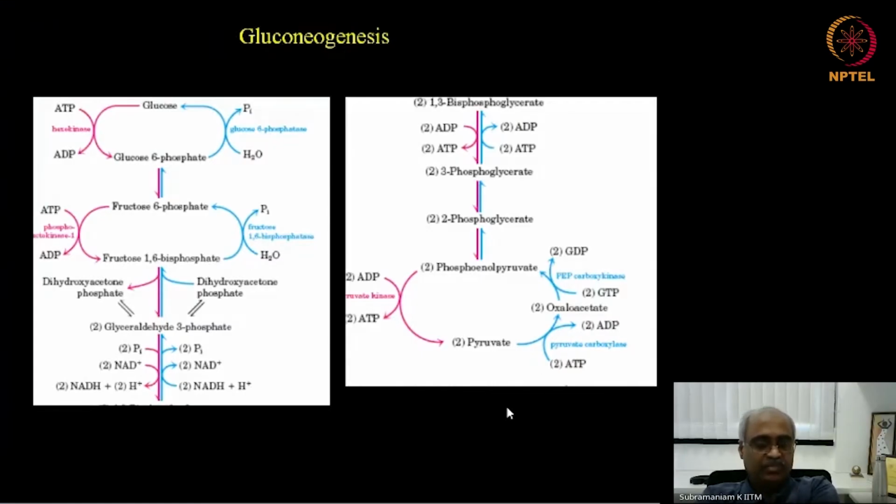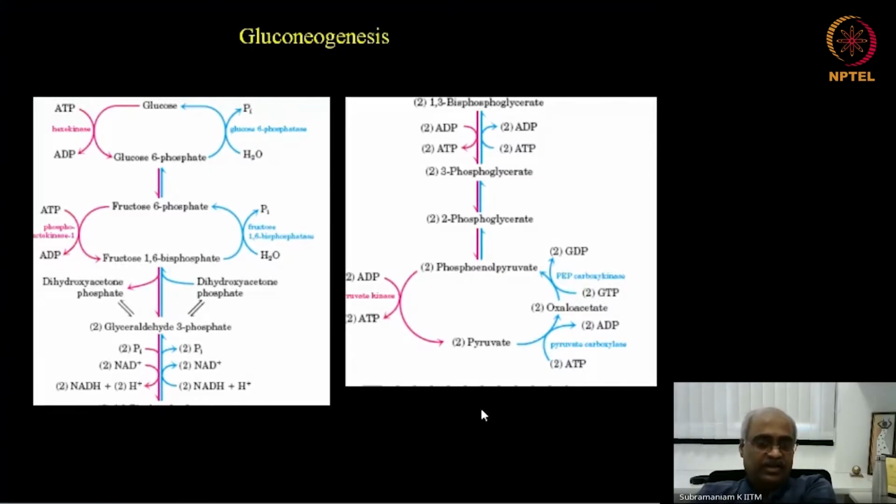The one brief point I want to make is that glycolysis and gluconeogenesis, in a multicellular organism like humans, are regulated by hormones as well. For example, epinephrine, which is produced by the adrenal gland, and glucagon and insulin produced by the pancreas. They play a major role in regulating these enzymes.